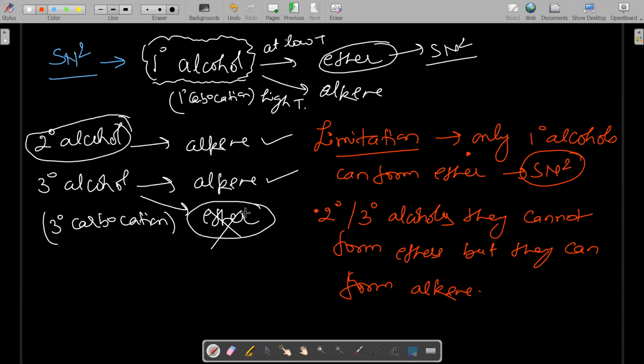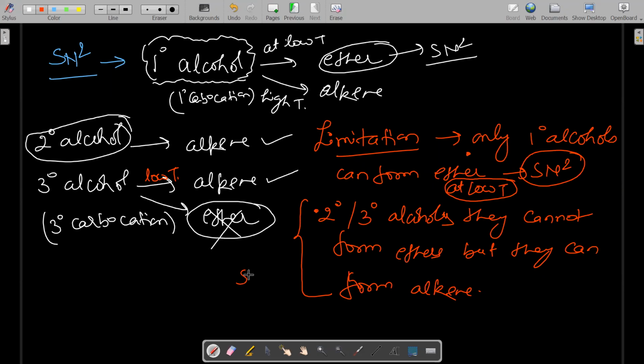Even in the case of tertiary alcohol, even if the temperature is low, still alkene will form, not ether. So the limitation is that only primary alcohol can form ether, and at low temperature, because of the SN2 mechanism. But secondary and tertiary alcohols cannot form ether even at high temperature.